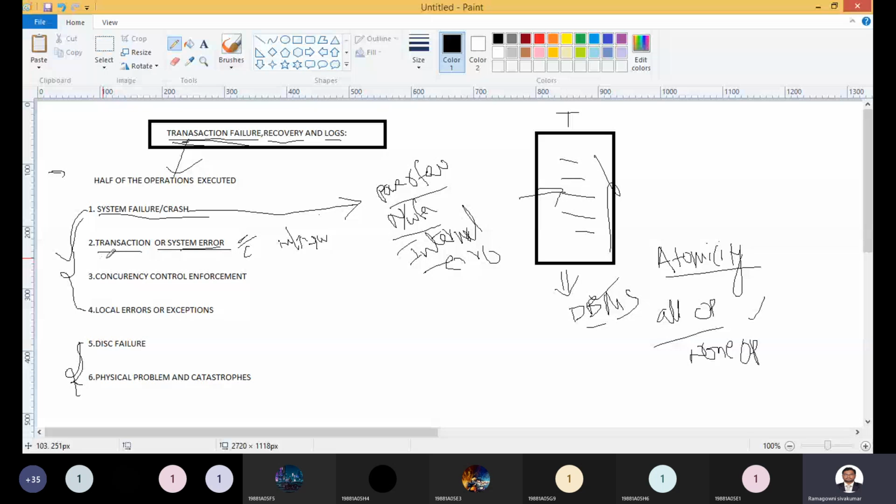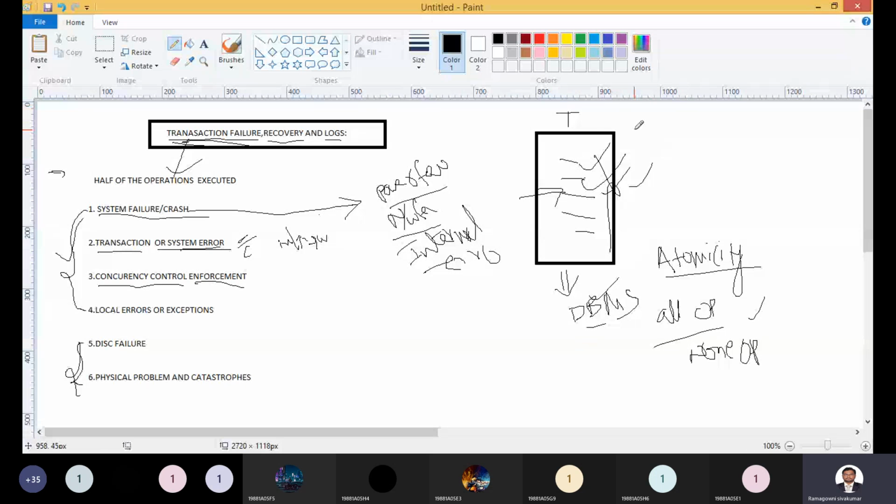The next one is concurrency control enforcement. What does it mean? For example, we are performing a transaction, which means a number of operations.